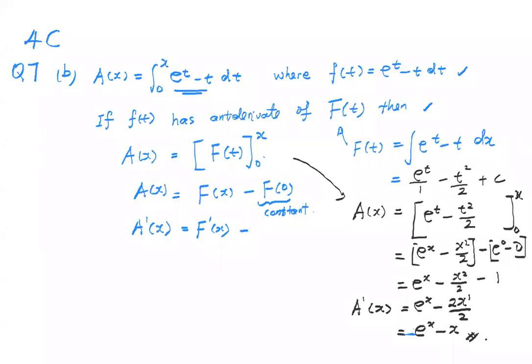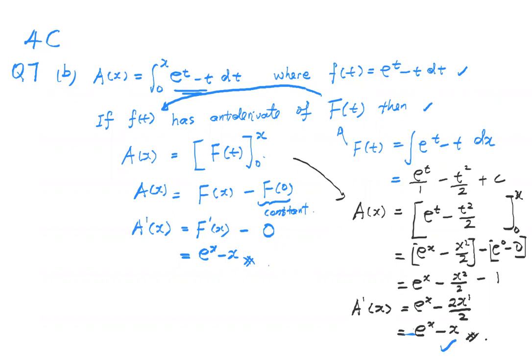Okay, so now I put f prime x. So this is a constant. When you differentiate the constant, you get 0. So now, what is my f prime x? Should be this one, am I right? So it should be e to the power x minus x. So done. Isn't it the same as here?